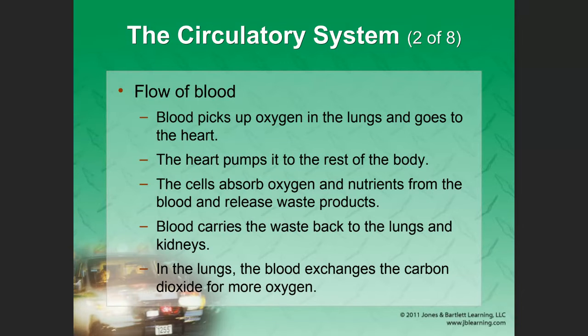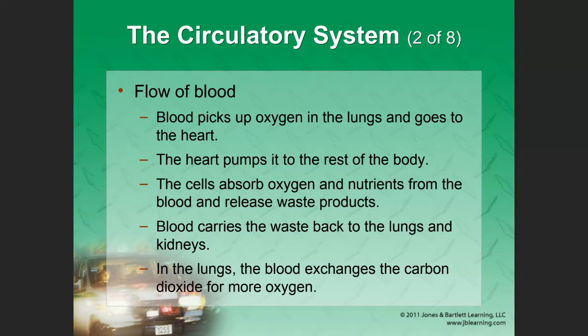When it is circulated to the rest of the body, the cells will absorb oxygen and nutrients from the blood and release waste products. The blood then carries the waste back to the lungs and the kidneys. In the lungs, the blood exchanges carbon dioxide for more oxygen.